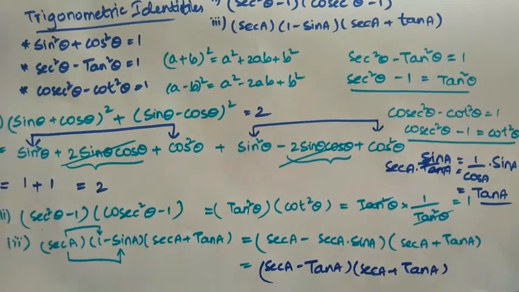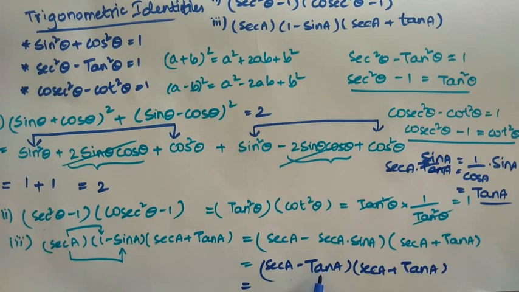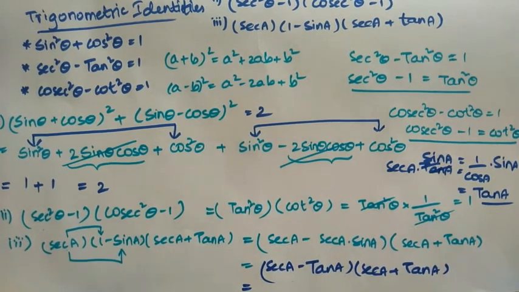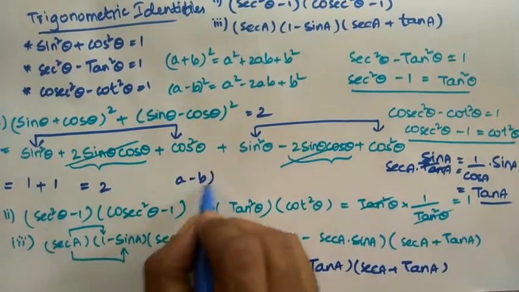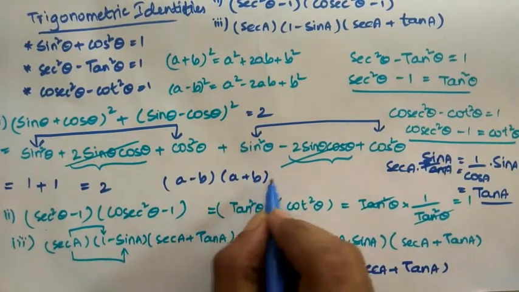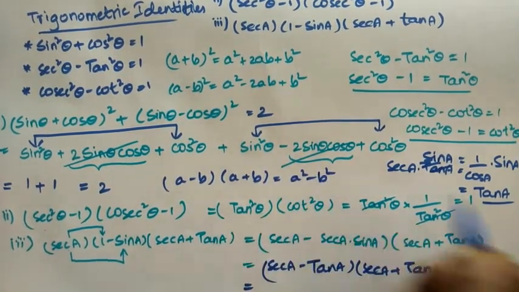This is of the form A minus B into A plus B. We know the identity A minus B into A plus B is equal to A square minus B square.